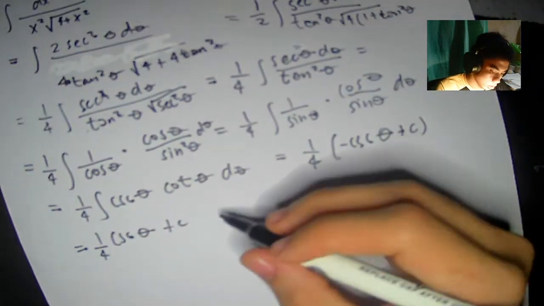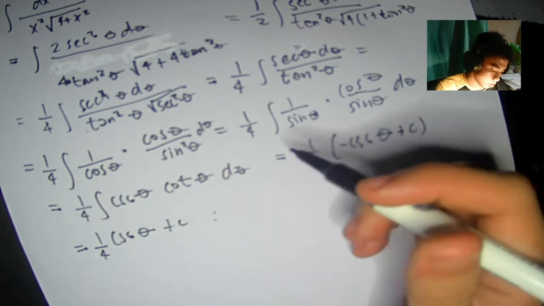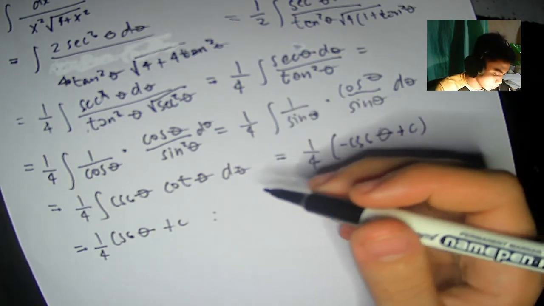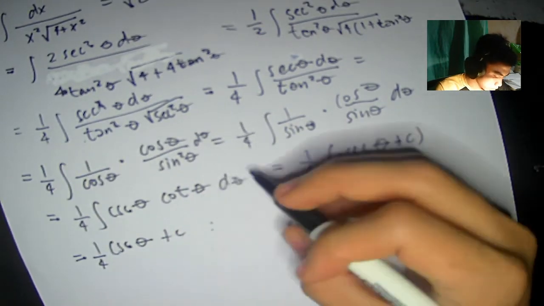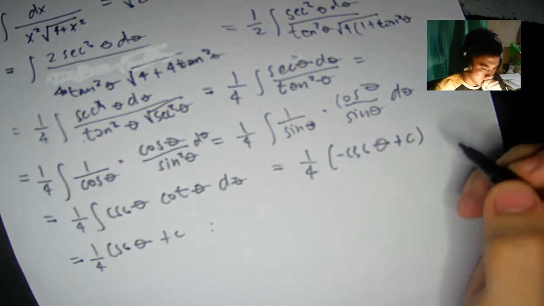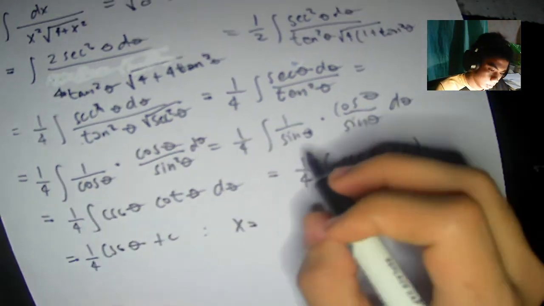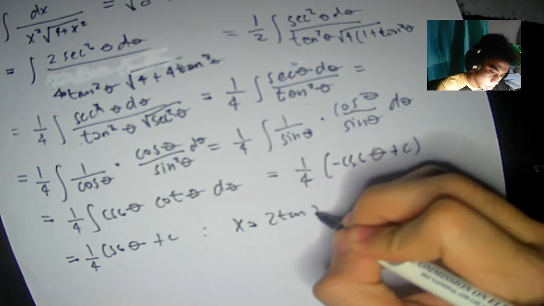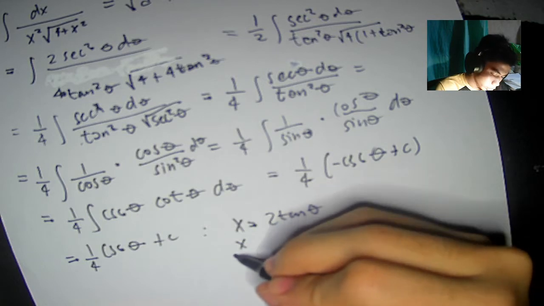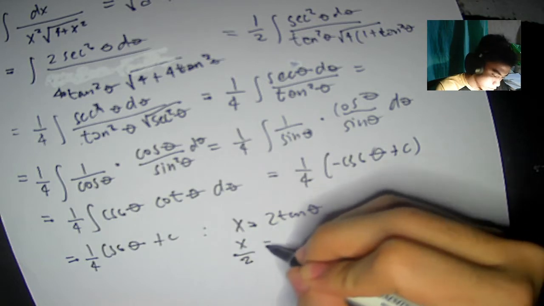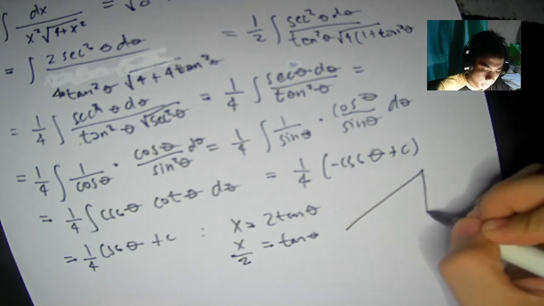So let's plot here. Our triangle is applicable here. Excuse me. So x equals tangent theta, x over 2 is equal to tangent theta. So let's have our triangle here.